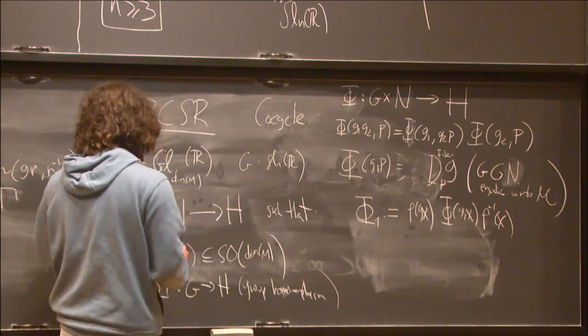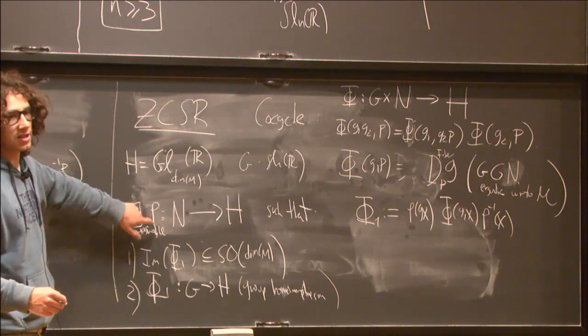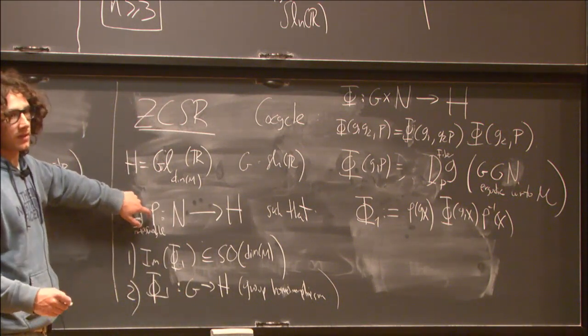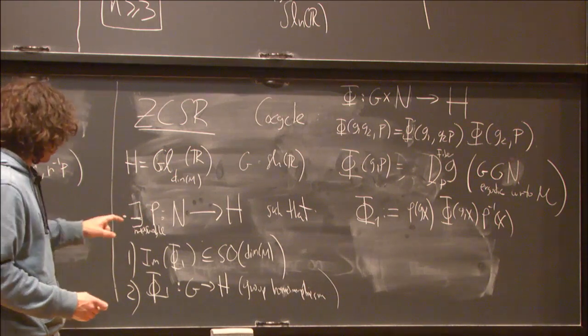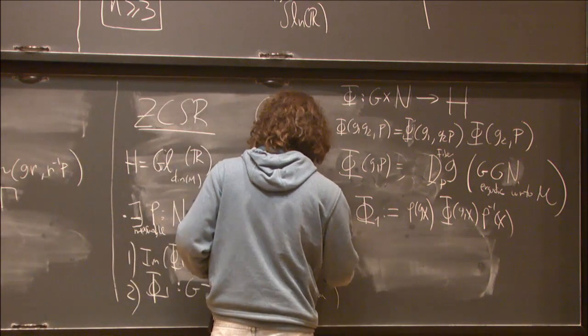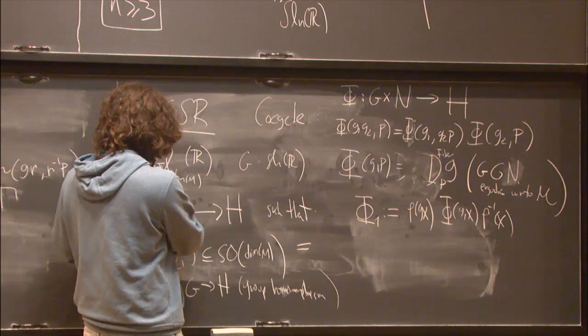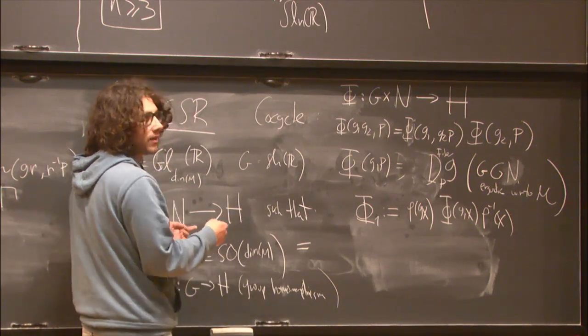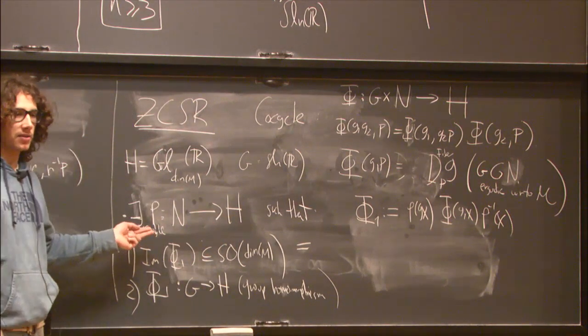And here the measurable metric comes from this map being measurable. Okay? So this change of coordinates being continuous is equivalent to having a Riemannian metric.